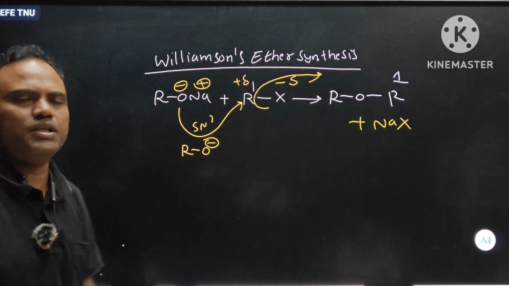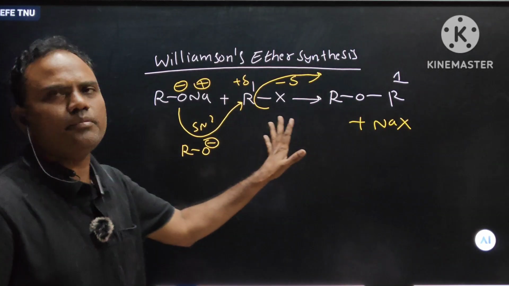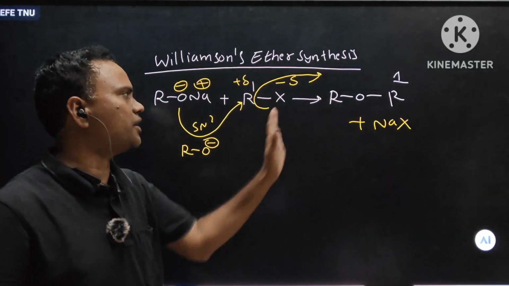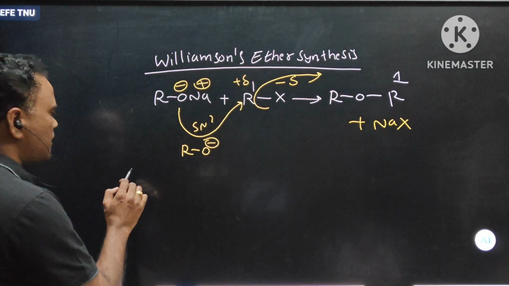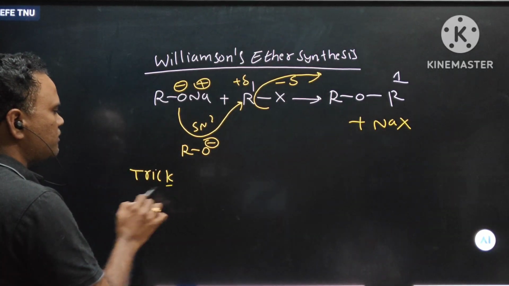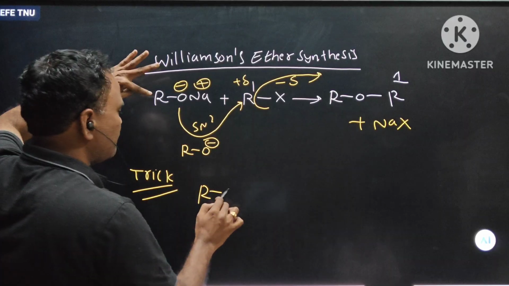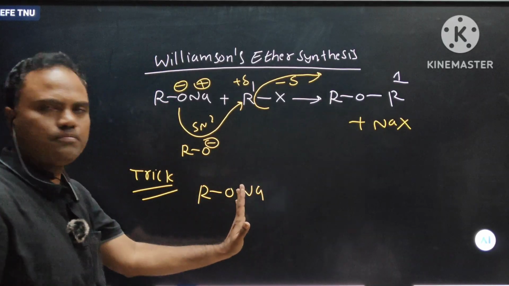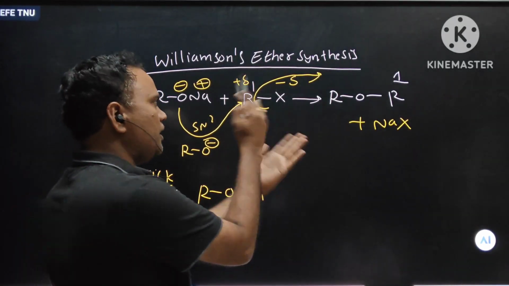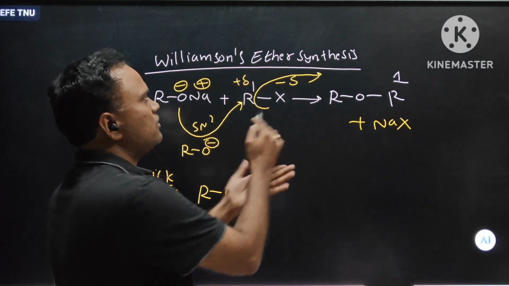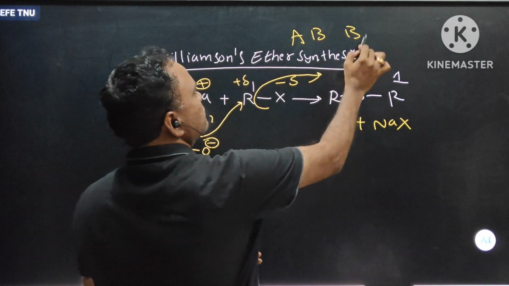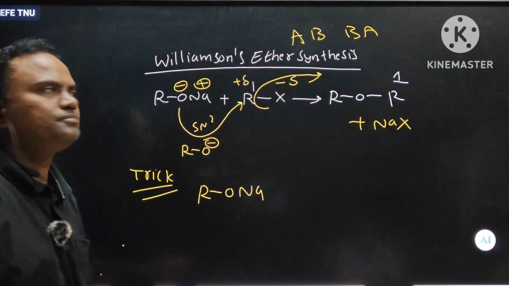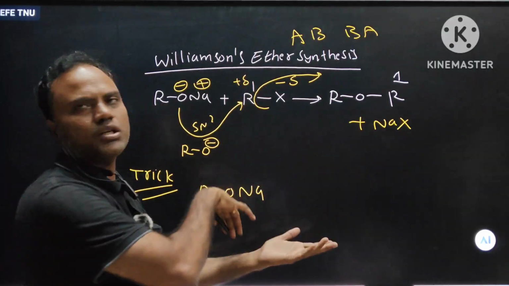Another simple trick is there. This is the general mechanism, SN2 fashion. Another simple trick, write like this. Take the first ether part, write sodium, and at the end X, just write in the reverse order. RX and XR, both are the same only.